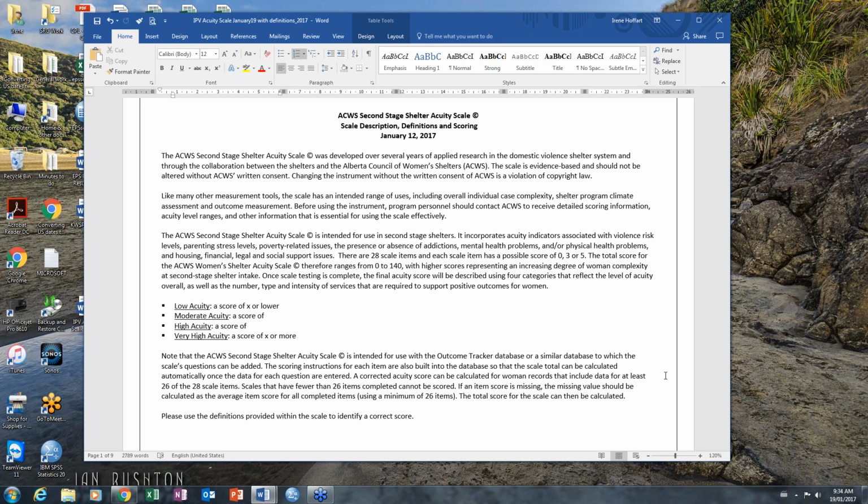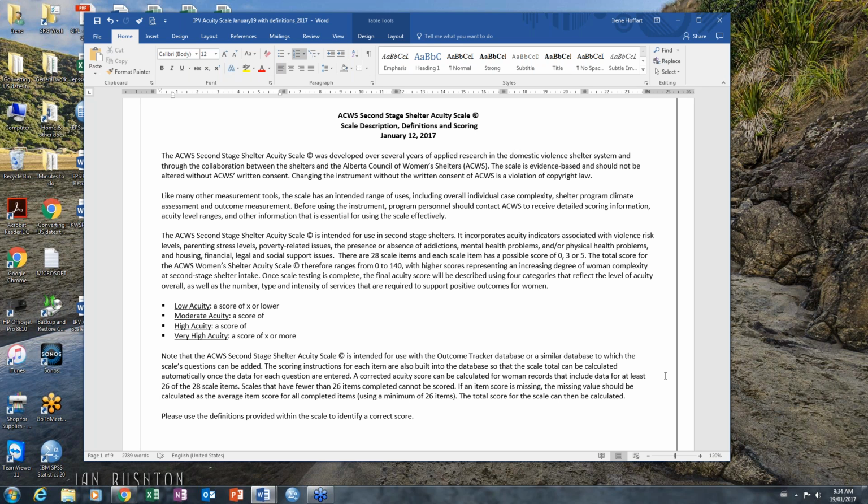You can see on this page an overview of scoring, which we are going to finalize once the testing is complete. At this point, the scale has 28 scale items, and each is scored on a scale of 0, 3, or 5, just to give us a way of distinguishing lower, middle, and higher scoring results.